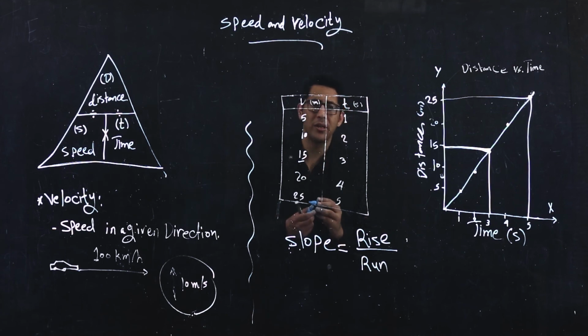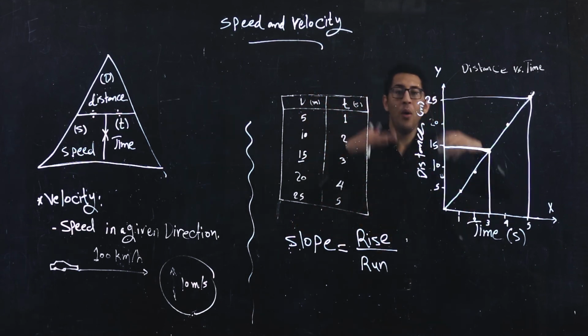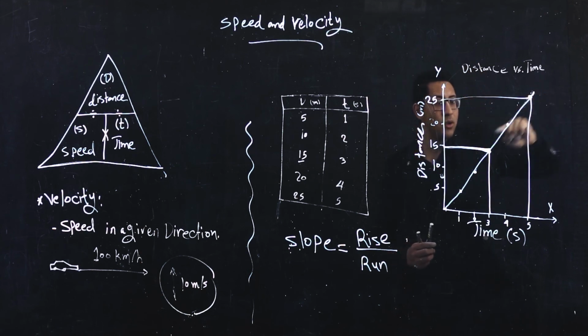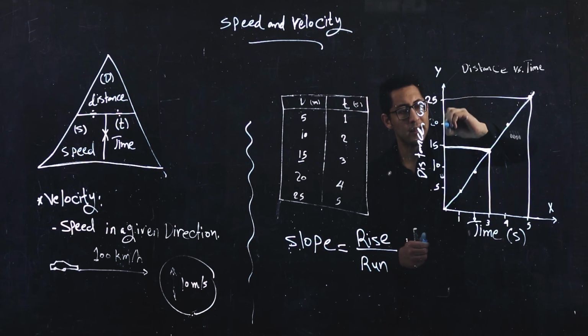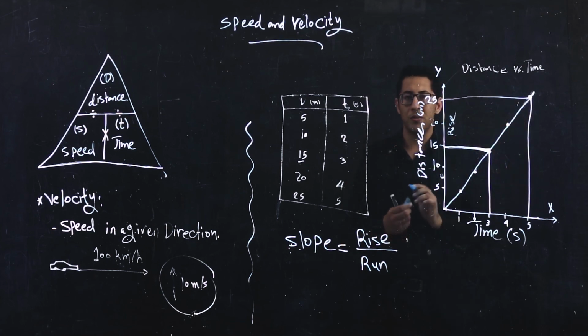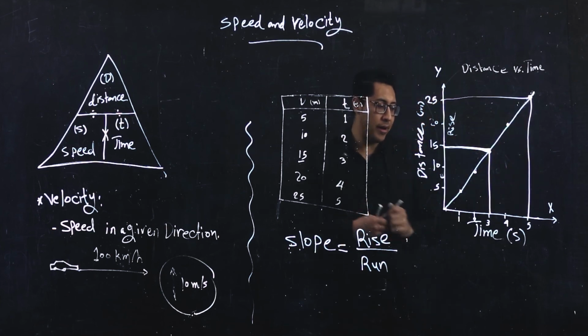What is that rise? What is that run? Rise means going up. So the rise is the vertical distance between the 2 points that I choose from this line.